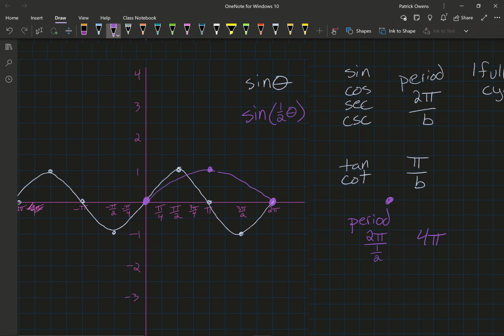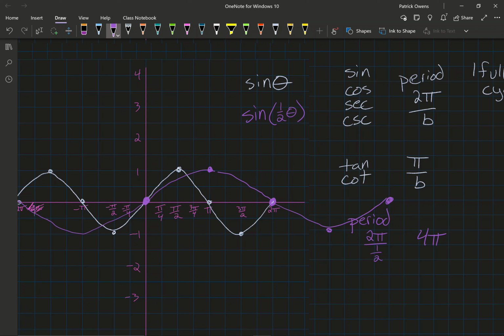It's going to follow the same pattern as your standard function with the distancing between the points, just a little more spread out. And the same thing would happen as x approaches negative infinity as well.